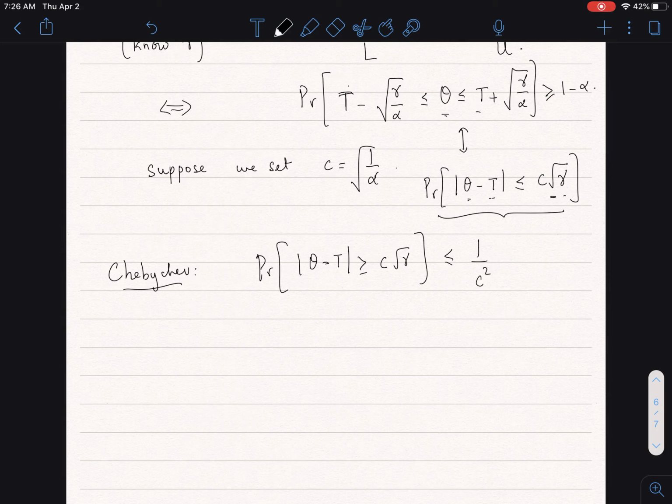And 1 by C squared is exactly equal to alpha. So the probability that theta minus T is more than this is less than or equal to alpha.